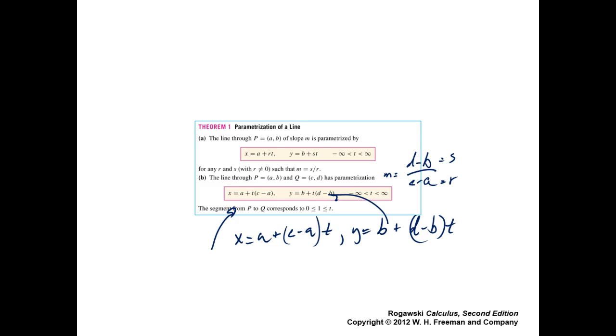And that's for any value between... I have a real big problem with that.